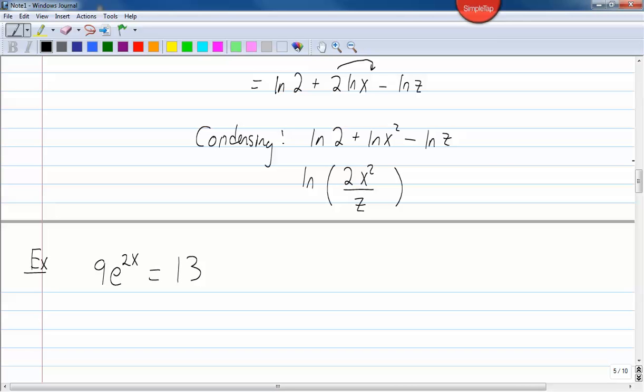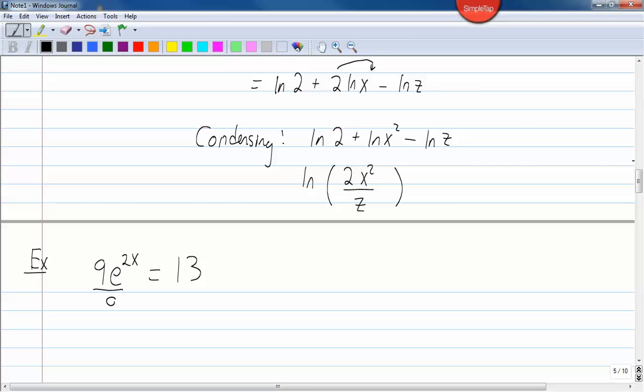I can solve for x here by using some of those properties. And again, this isn't using any calculus at all. This is just algebra. To solve for x, we have to figure out a way to get the e to the 2x by itself first.